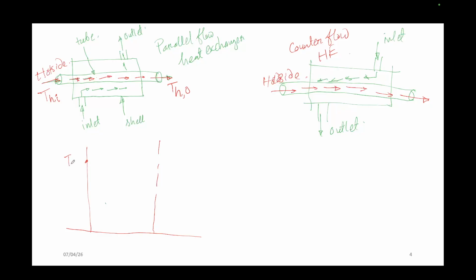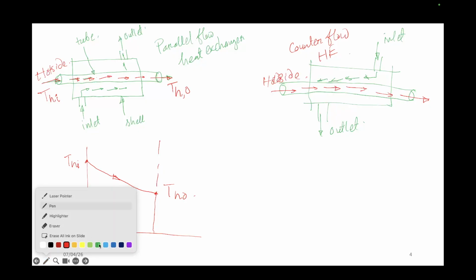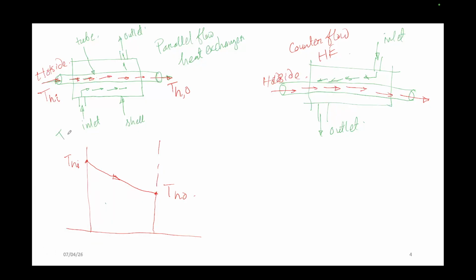So if this is THI, this one will be your THO. This is your hot fluid, right? The direction should be this way. So now this is for the hot fluid. What about the cold inlet? This inlet is cold fluid. So for the cold fluid the temperature will be TCI, and that one will be TCO.